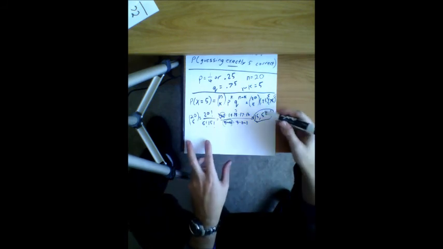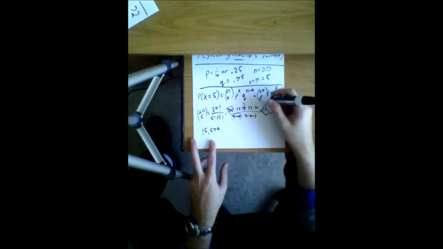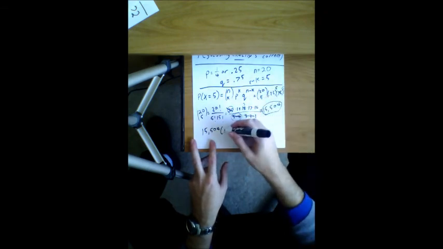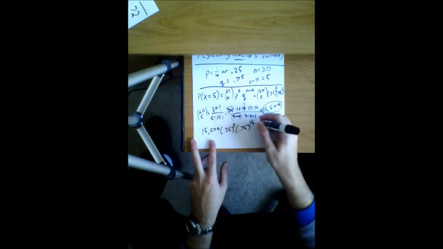Okay, so putting this all together, we've got 15,504, that's just this, times 0.25 raised to the 5th, times 0.75 raised to the 15th.